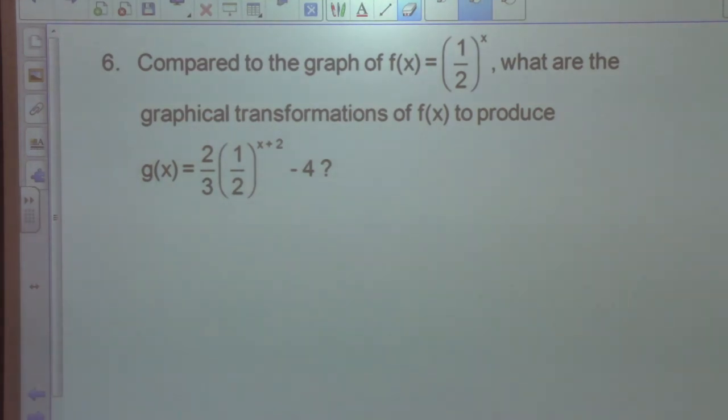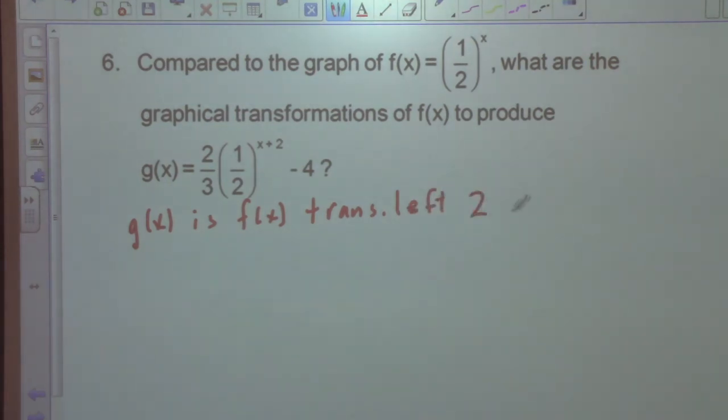What are our graphical transformations? g of x is f of x translated 2 units to the left, and down 4 units.